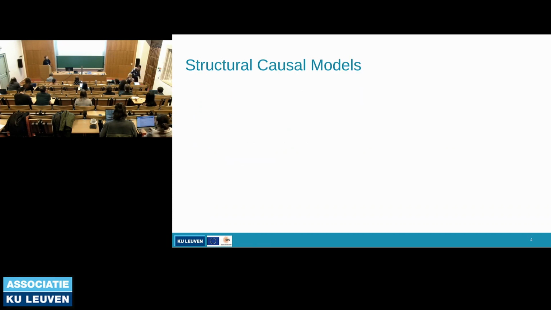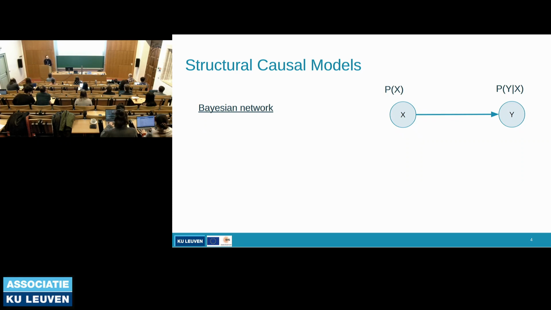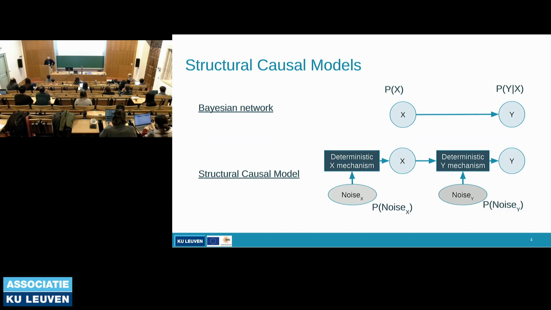First, the framework I'll be using is that of structural causal models. The framework you're probably familiar with for talking about causality is Bayesian networks, which in a graphical way show which variable causes which, and you can deduce all kinds of conditional dependencies from that. Structural causal models are really much the same.